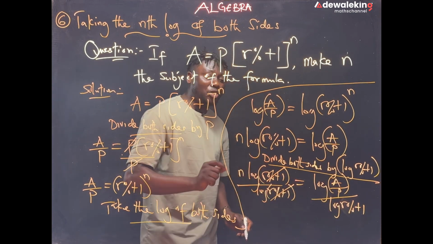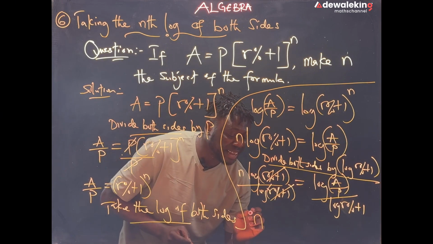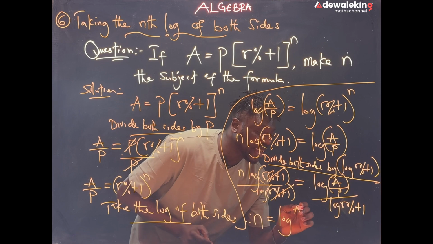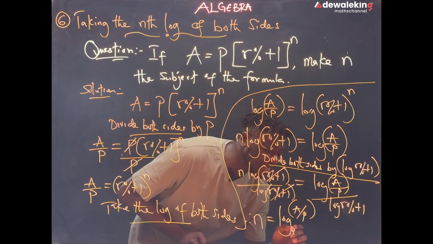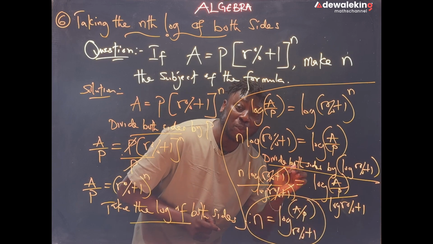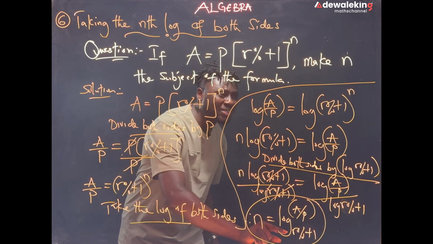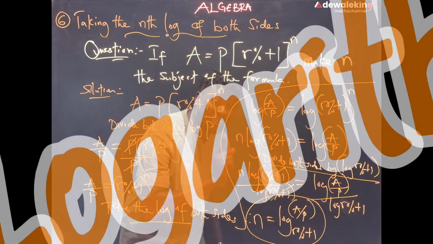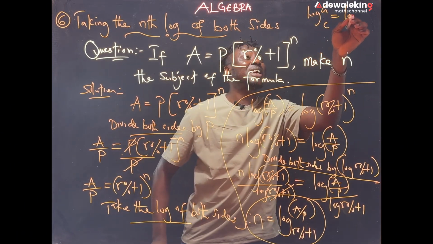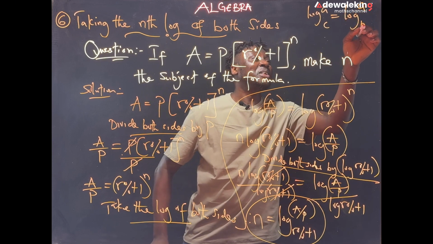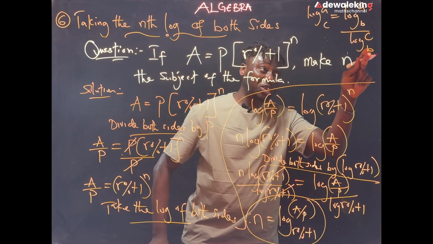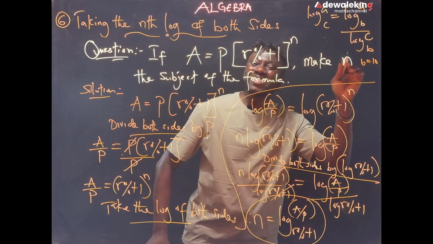So the expression now becomes n is equal to log A over P base (r percent plus 1), and that will be the answer. Why do we say this? Because in logarithm, we know that log a base c is the same thing as log a base b divided by log c base b, where b is equal to 10.